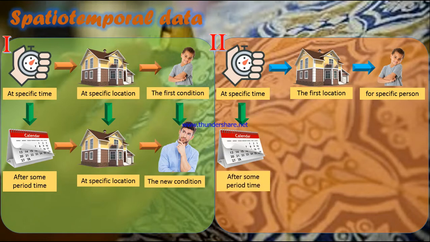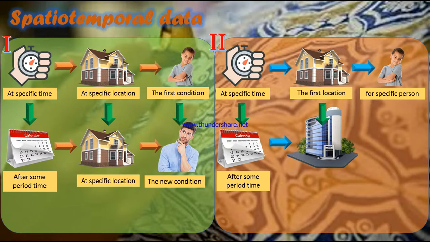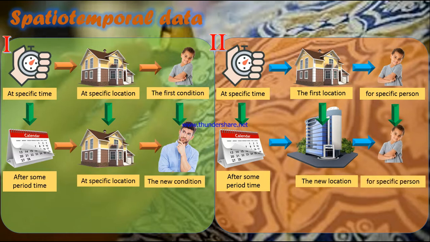But after some period of time, the first condition has been changed to the new location, but with the same condition, that is, young boy under 14 years. This situation shows that a young boy moved out from the first location to the new location in some period of time for her or his business, for example, for school.